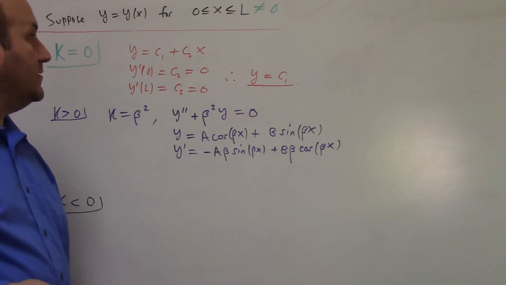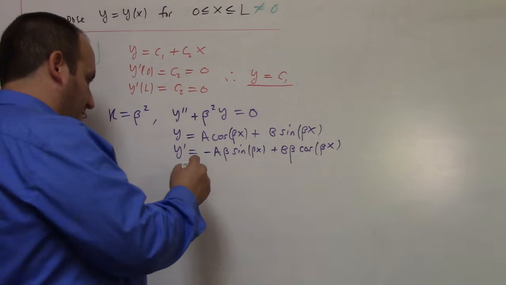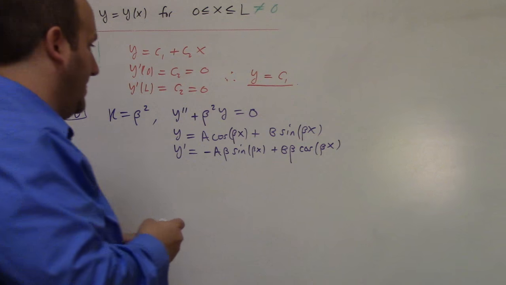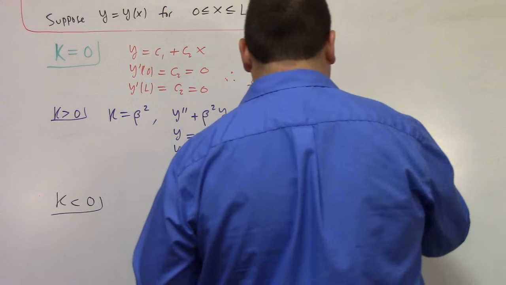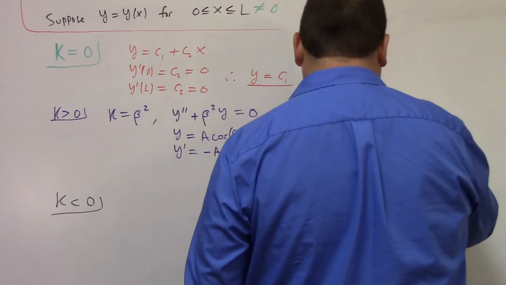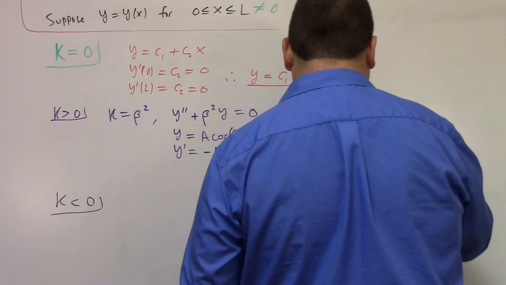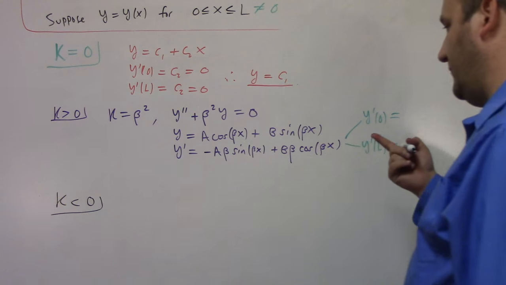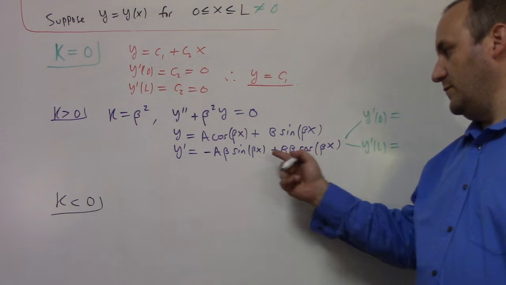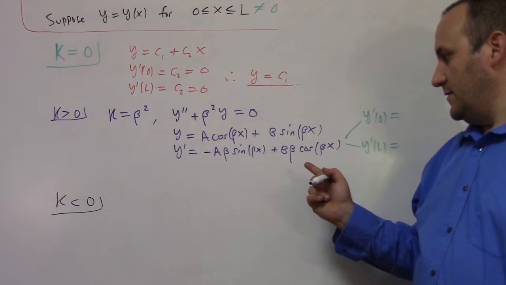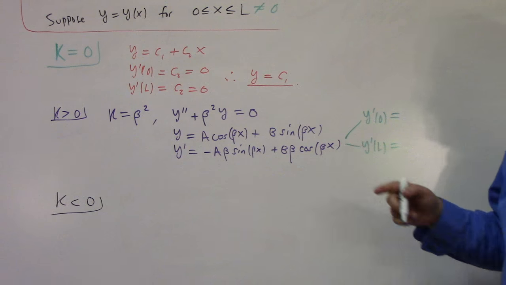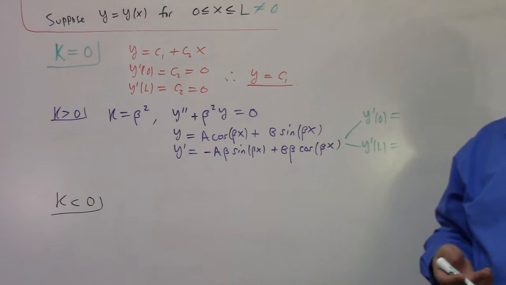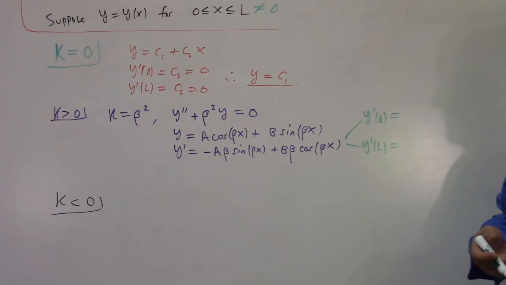So y prime of 0, we get no information about a, but over here we get b beta, the product of b and beta is 0. Beta is not equal to 0, by assumption here.